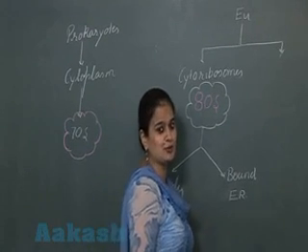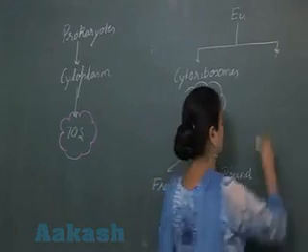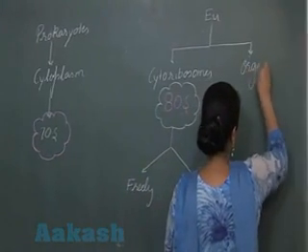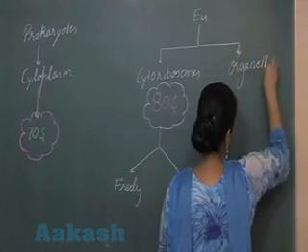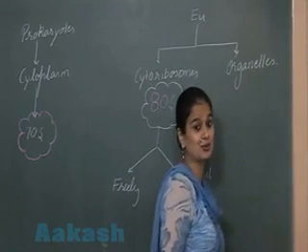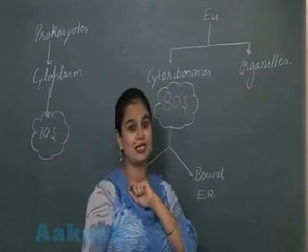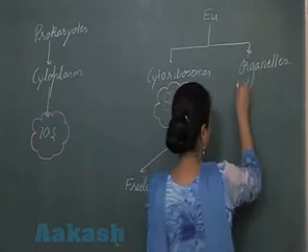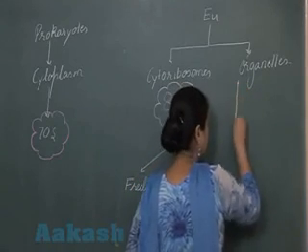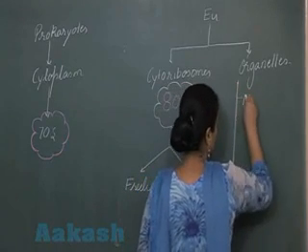Now these ribosomes are also associated with organelles. Which organelles are they associated with? That is mitochondria and chloroplast.